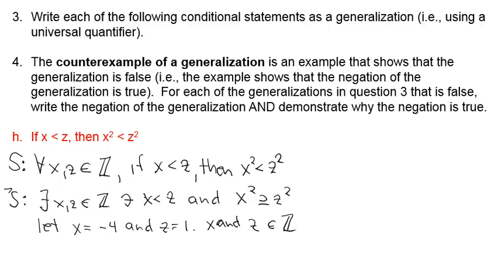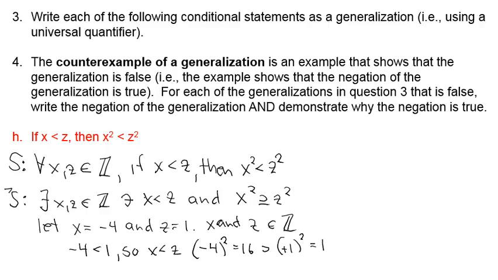Negative 4 is less than 1, so x is less than z. And what else do we need? We need x squared is greater than z squared. Well, negative 4 squared, which equals 16, is greater than, excuse me, positive 1 quantity squared, which equals 1.